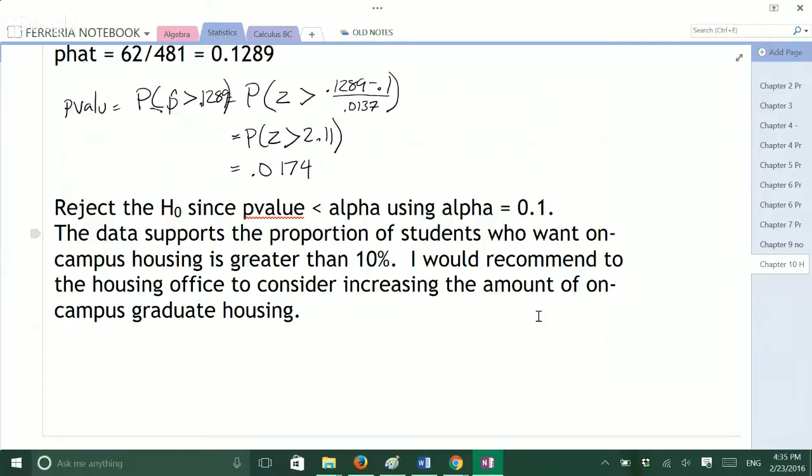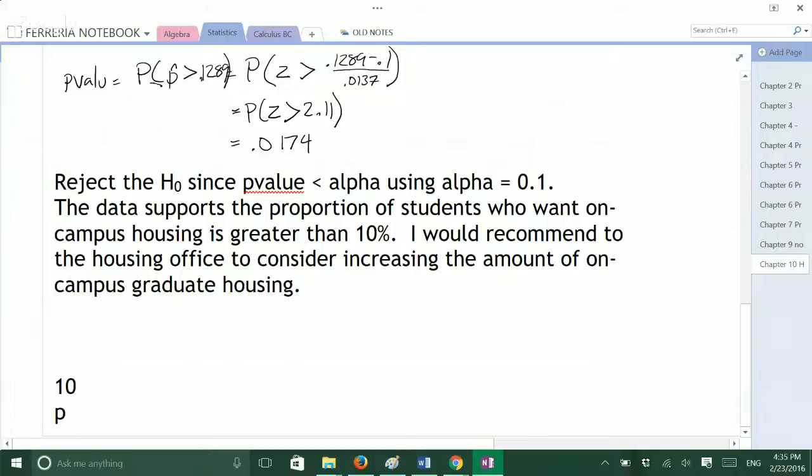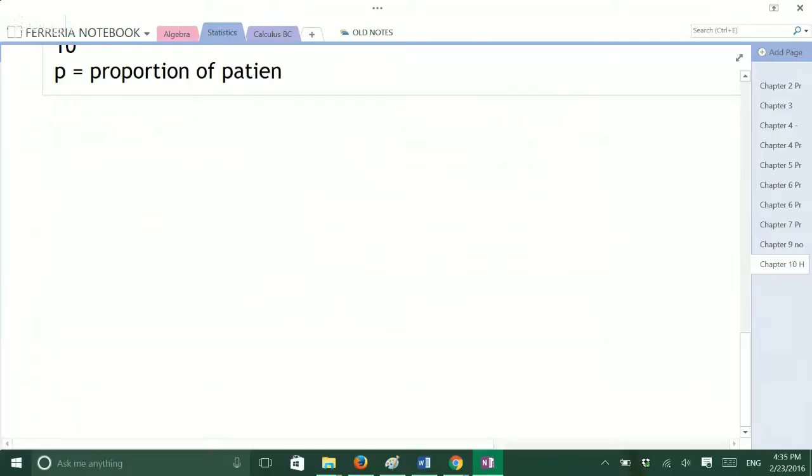Okay, so let's check this out for question 10. We are talking about a P this time and not a mu. So the P is going to be equal to the proportion of patients reporting drowsiness using Seldane.